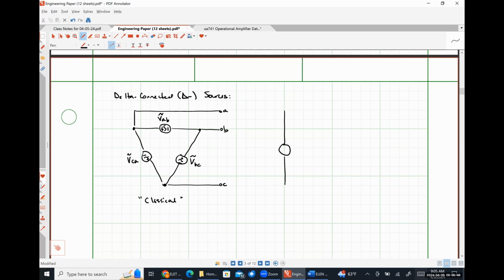So effectively, for the Y-connected source, we connected all of the negative polarity terminals to one common neutral node. Here, we are connecting the negative polarity of the A phase to the positive polarity of the B phase, the negative polarity of the B phase to the positive polarity of the C phase, the negative polarity of the C phase to the positive polarity of the A phase. So that's really what's going on. It's kind of a cyclical thing versus having a common reference point. But in neither case are the voltage sources connected in series, nor are they connected in parallel.